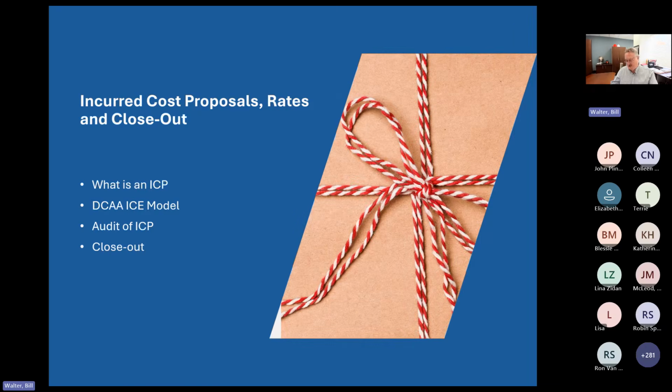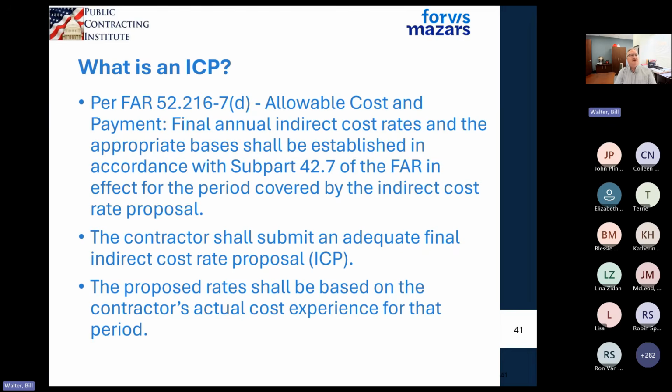The last thing we want to talk about before we get into some question and answers is incurred cost proposals. So what is an incurred cost proposal? I mentioned this clause earlier, 52.216-7.